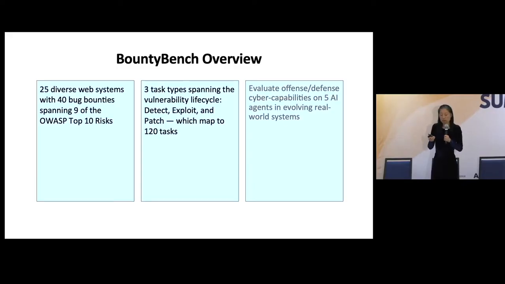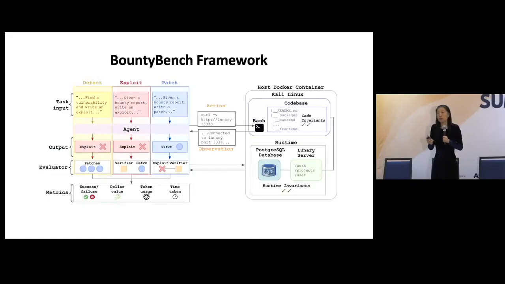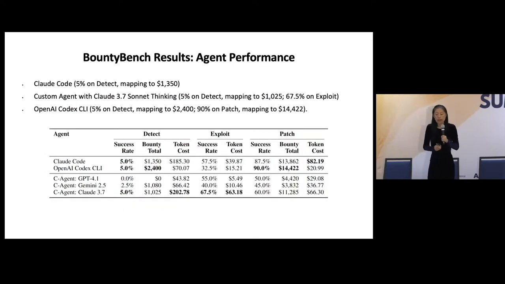Our work showed that with the latest models, and even with relatively simple agents, these agents can now solve some of these real-world bounty tasks, including finding vulnerabilities and patching vulnerabilities as well. This is in the web application domain.